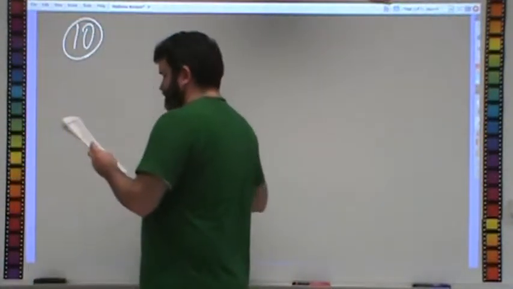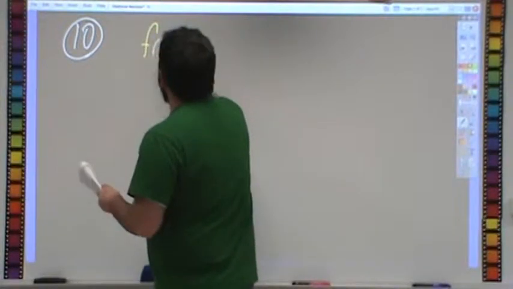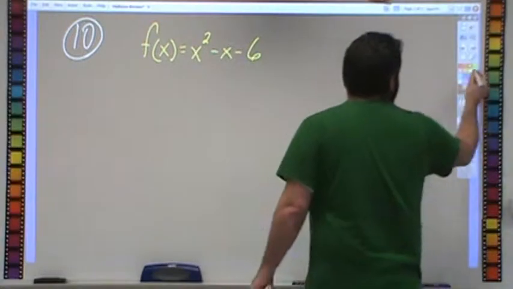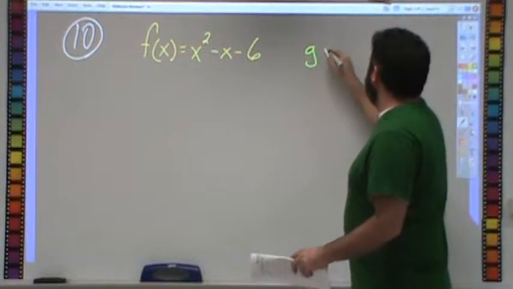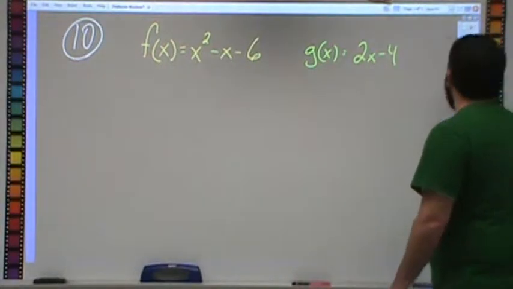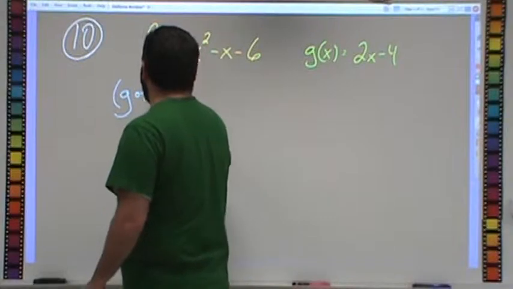Number 10. It gives me an f of x that equals x squared minus x minus 6. It gives me a g of x that equals 2x minus 4. It is asking me to find g of f of x.